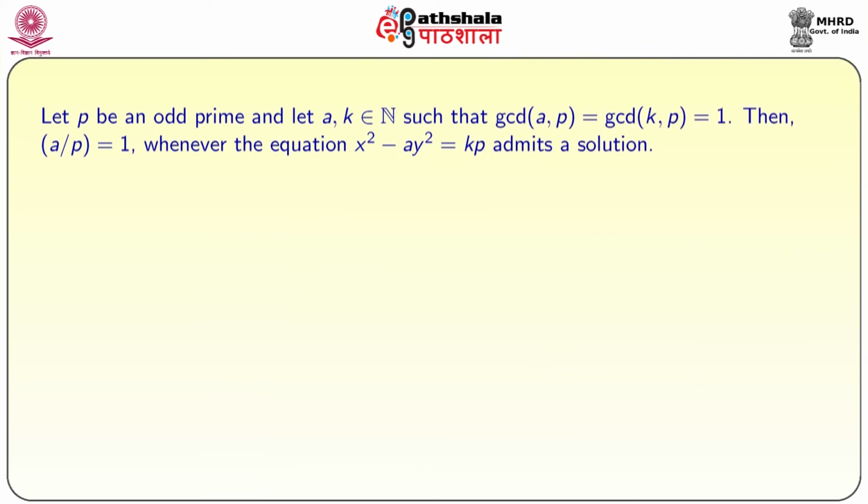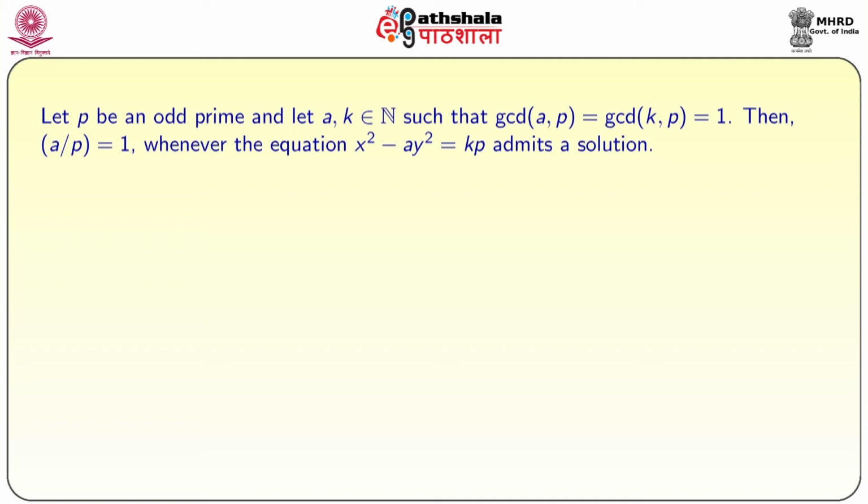So, now let p be an odd prime and let a, k belong to natural numbers such that GCD of a and p and GCD of k and p equal 1. Then the Legendre symbol (a/p) equals 1, that is, a is a quadratic residue modulo p, whenever the equation x square minus a y square equal to k p admits a solution.